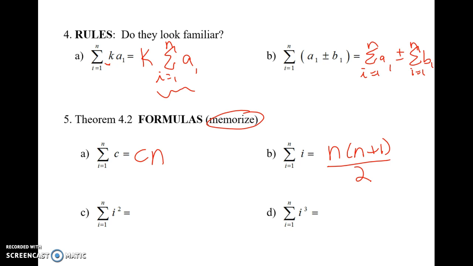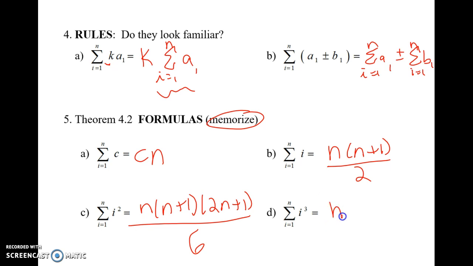The sum from 1 to n of I squared, you're going to memorize as n times n plus 1 times 2n plus 1, all divided by 6. And finally, the I cubed formula for summation will be n squared times n plus 1 squared, all divided by 4.